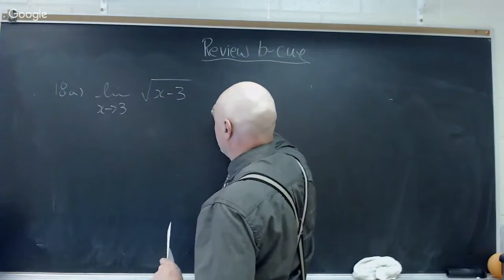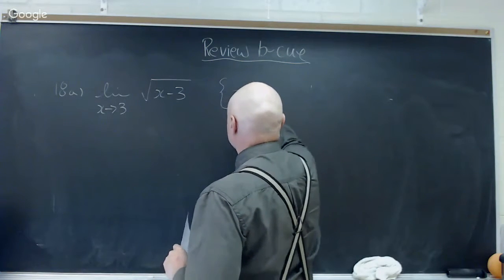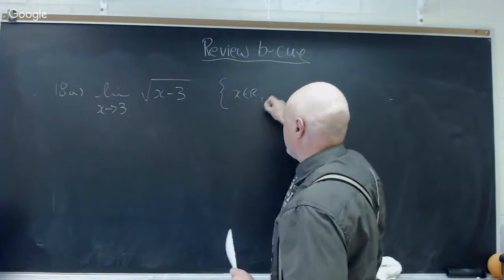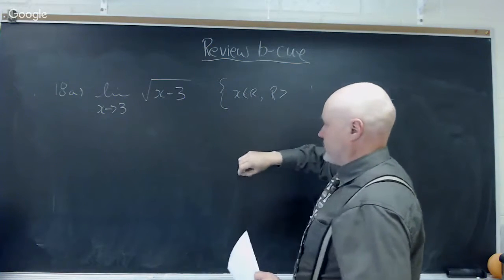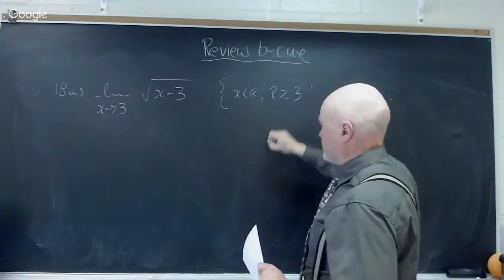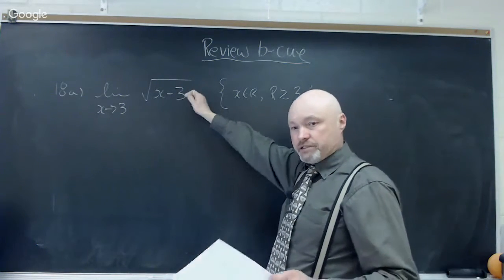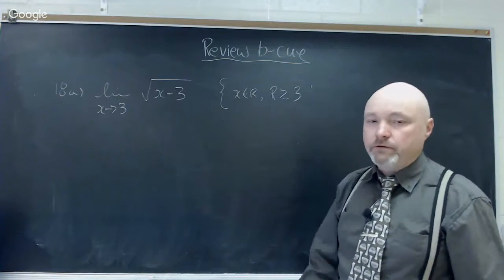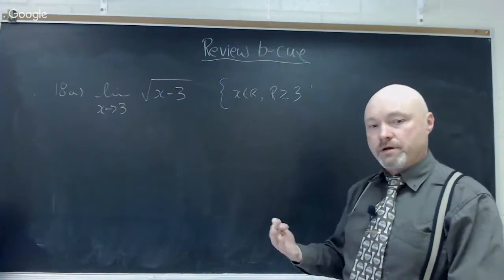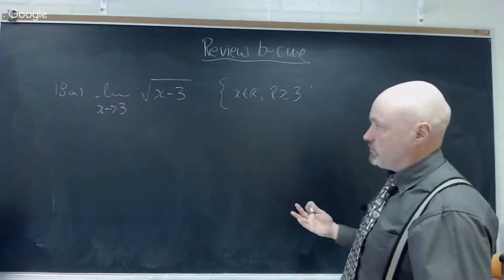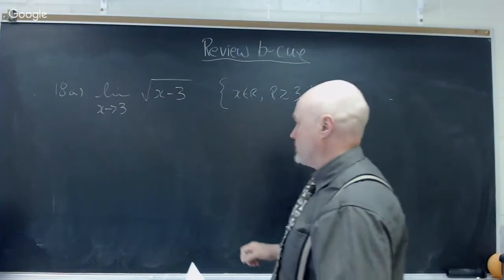But the domain of this function is any real number, just as long as that real number is greater than or equal to 3. I can't put in a 2 because 2 minus 3 is -1. I take the square root, bam, calculator blows up right in my hands. I have some sort of math wound after that, okay?